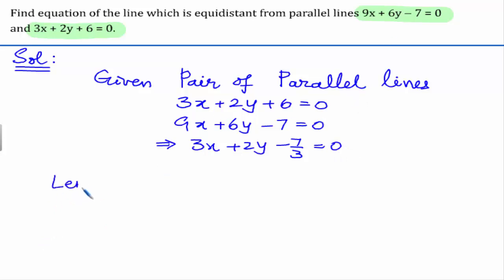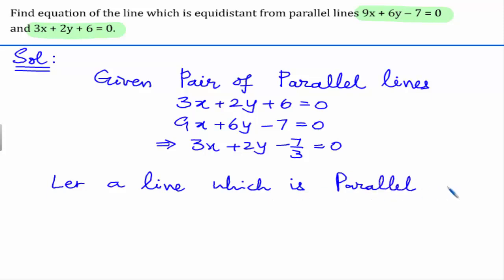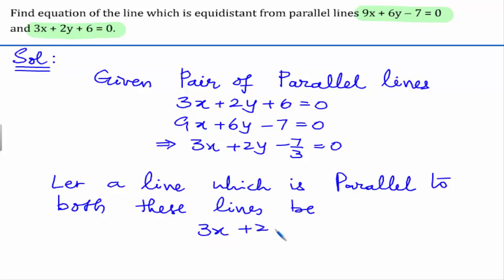Now let a line which is parallel to both these lines be 3x plus 2y plus k is equal to 0.